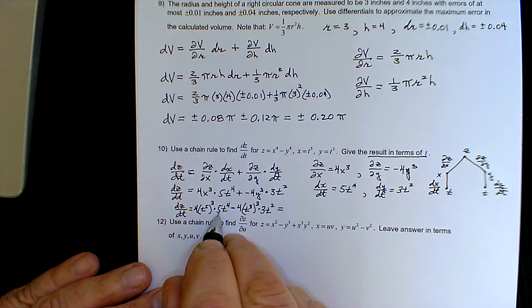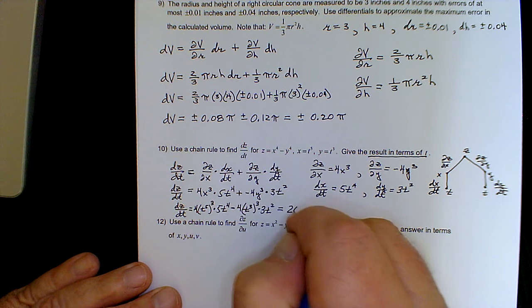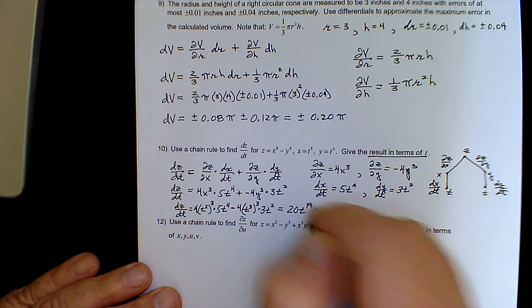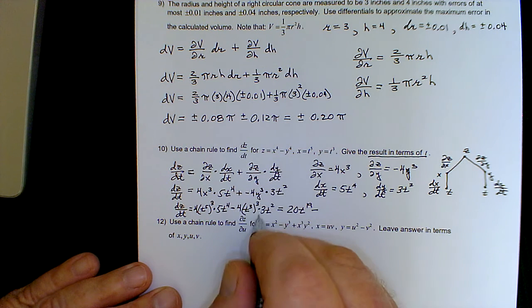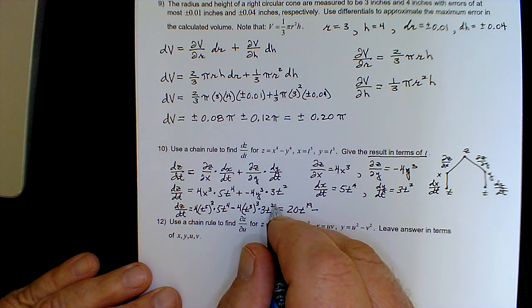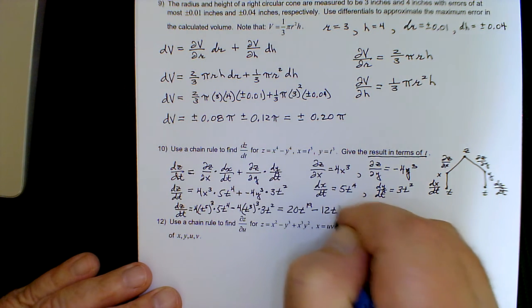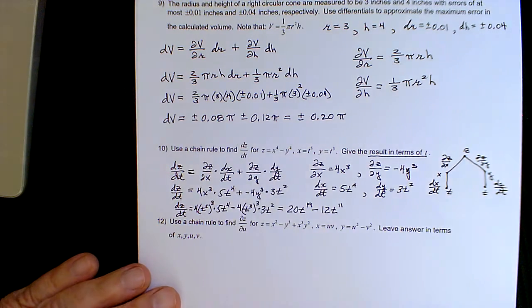So then we get, let's see, that's t to the 15th, t to the 19th, 20t to the 19th, and then minus, this would give us t to the 9th, times t squared is t to the 11th, so minus 12t to the 11th.